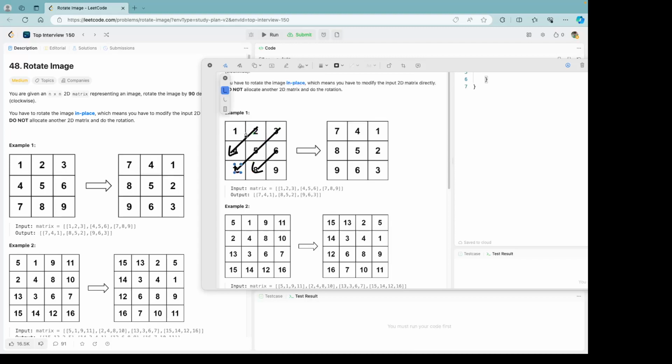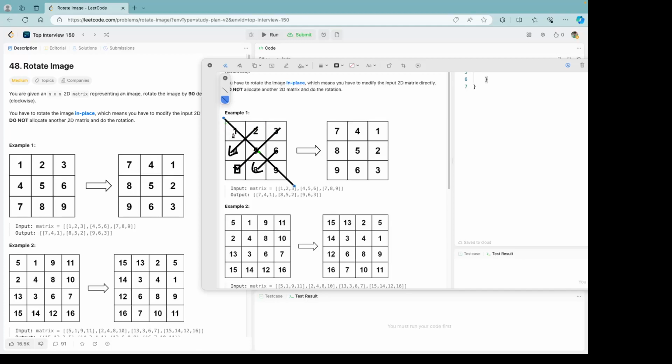Then what we'll get is 1, 2, 3, 4, 5, 6, 7, 8, 9. So that is the movement, flipping the elements along a line.